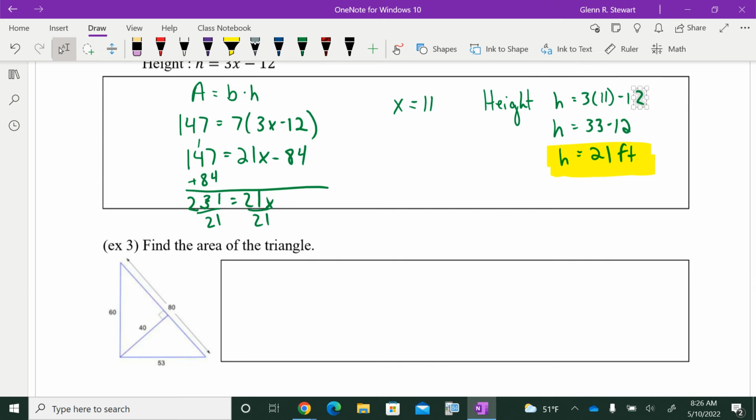What I mean by big triangle is use that area of a triangle formula and find the area of this triangle here. And then compare it with my answer.